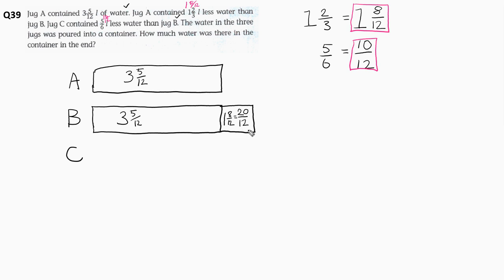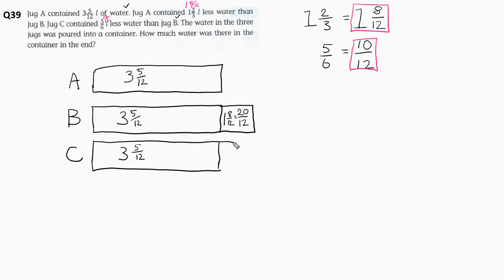Now this part is 20 twelfths, which means that C also has at least this much, which we know is 3 and 5 twelfths. And it doesn't have 20 twelfths. It has 10 twelfths less than this.